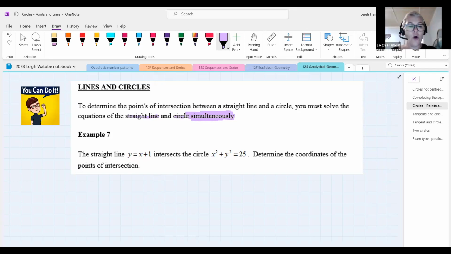Any idea what I should write? Does anybody want to tell me what you think I should write here? How should I solve simultaneously? What do I need to show? Anybody want to tell me? What do you guys think?